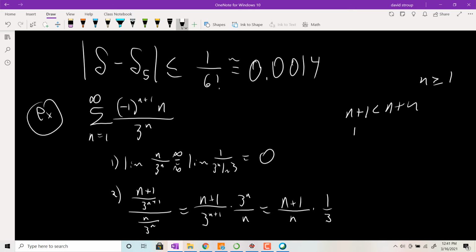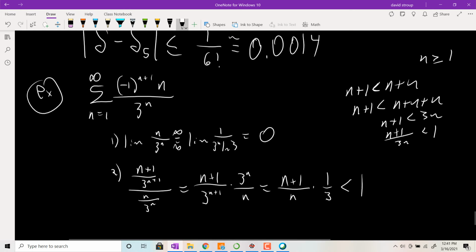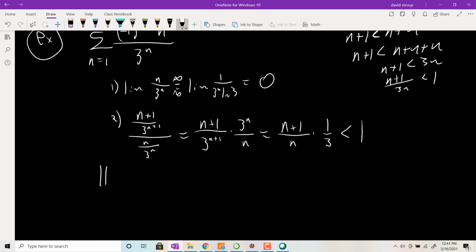In other words, n+1 is less than 3n. So (n+1) divided by 3n is less than 1. Okay, so this is definitely less than 1. In other words, it's decreasing. In other words, the series is convergent. Okay, so hence convergent.